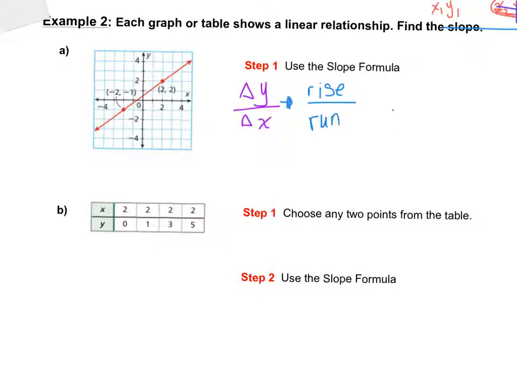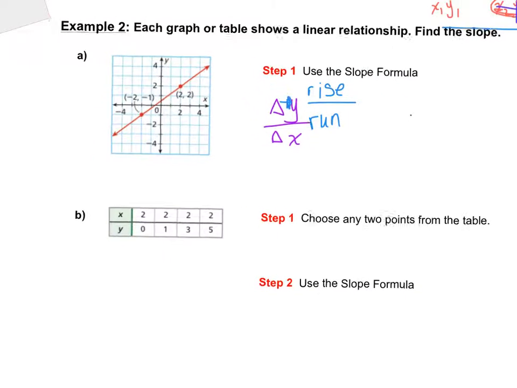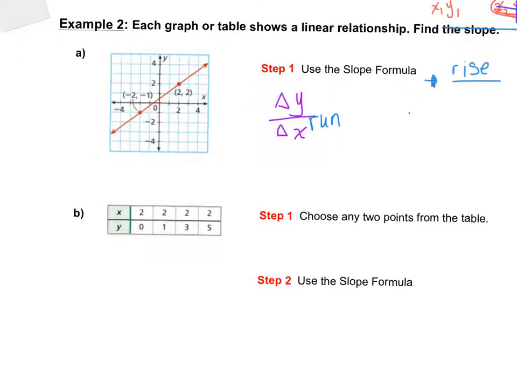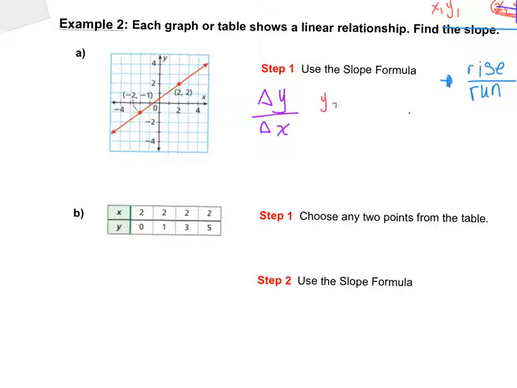They want me to use the slope formula. So instead of using this rise over run, I'm going to literally plug in to the equation y2 minus y1 over x2 minus x1. My very first point is this one.